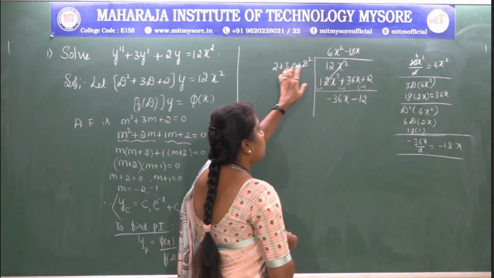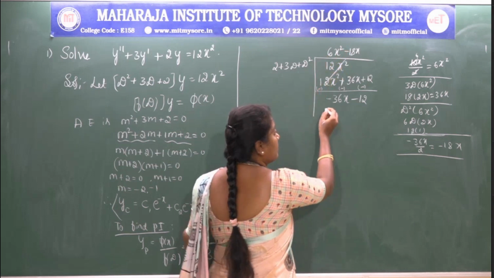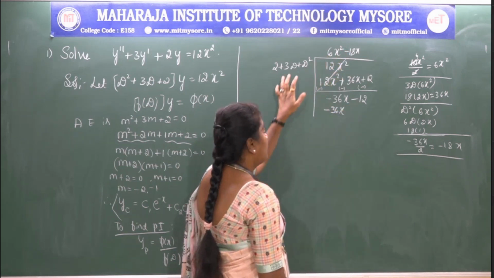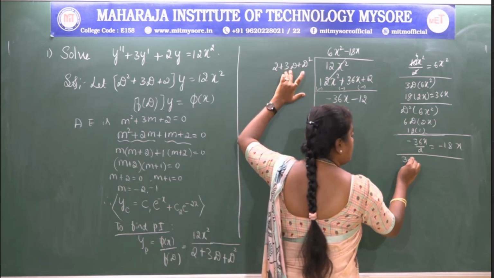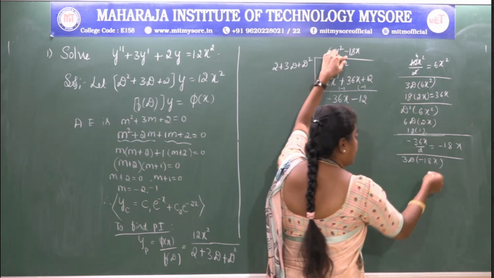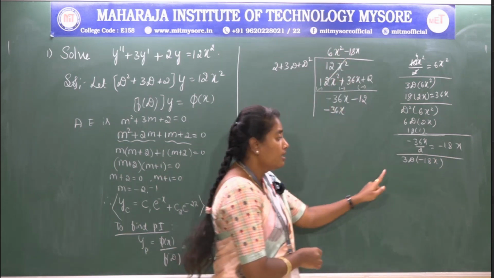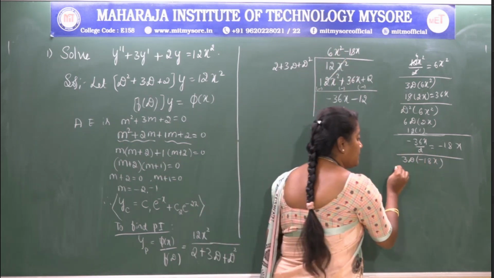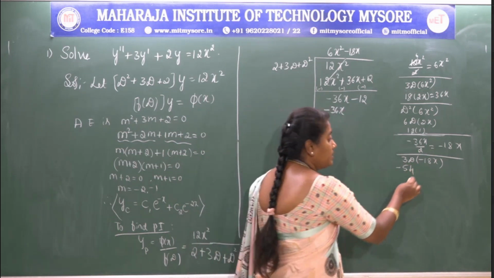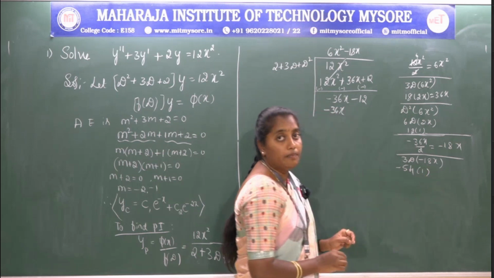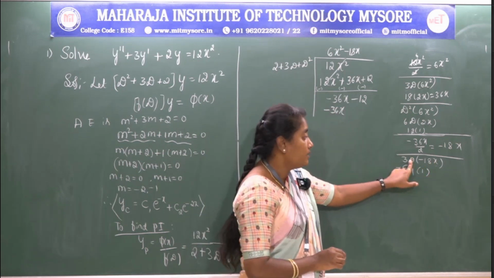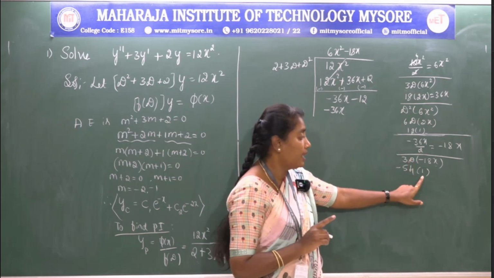Simplifying again, 2 into minus 18x, that is minus 36x. Next term, 3D into minus 18x. Simplifying this, 3 into minus 18 is minus 54, and differentiation of x is 1. So here we have x to the power of 1; on differentiating once, we get 1.